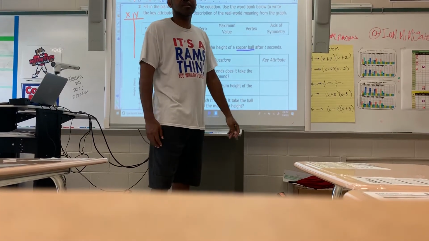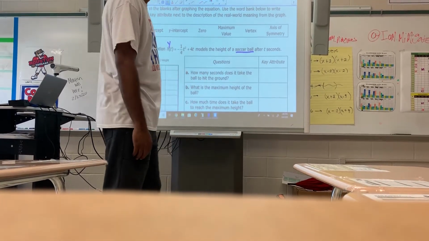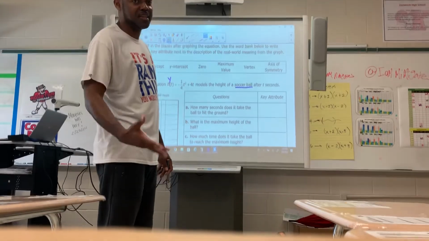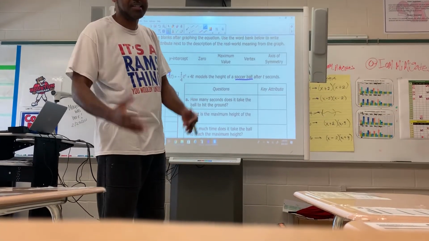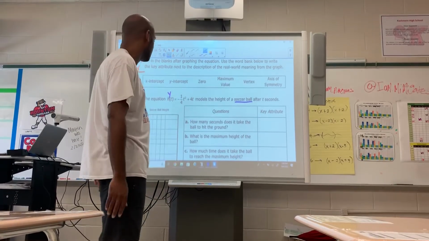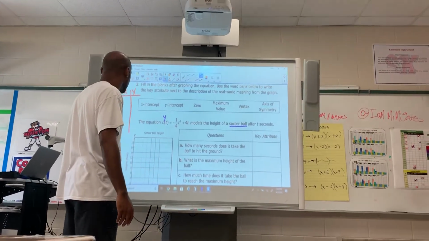We know t is time. So this is a real world problem because this is something that you can actually see. We know that we all play soccer or kickball, so this is a real world type problem. Now let's go through this problem.